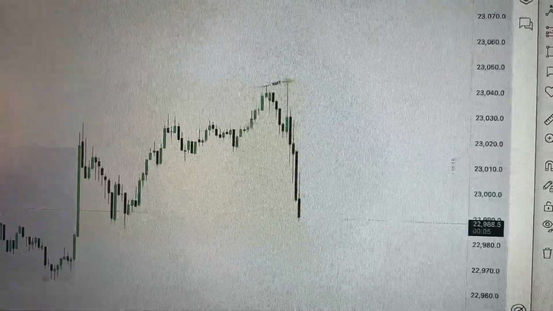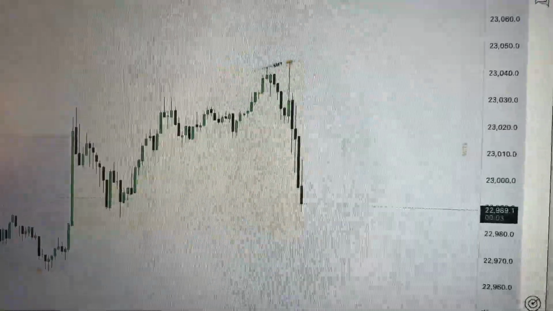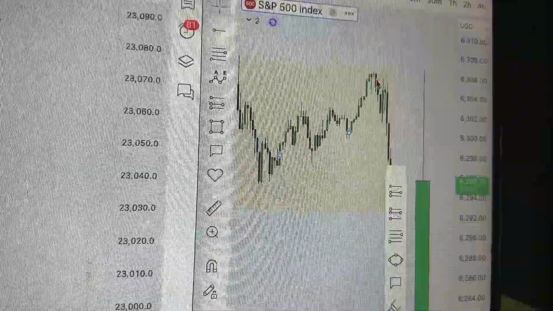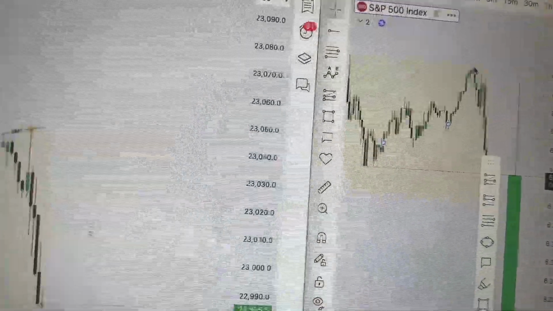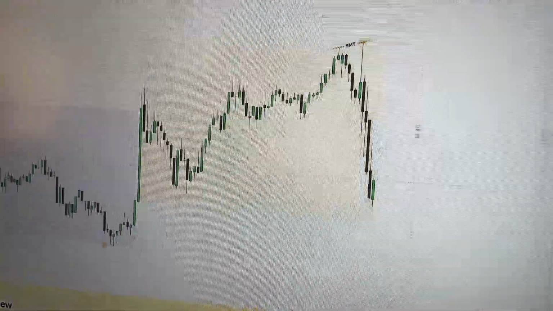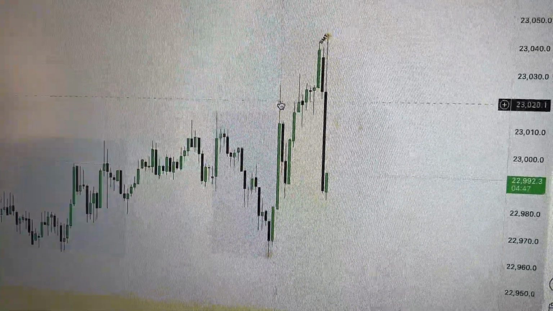Actually, I'm looking for some sells this morning, so we have a beautiful SMT at the high of day. The S&P never took this high, but the Nasdaq did. So it's a beautiful SMT. The only thing we want to see is a nice pullback.